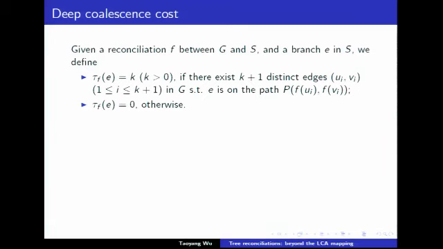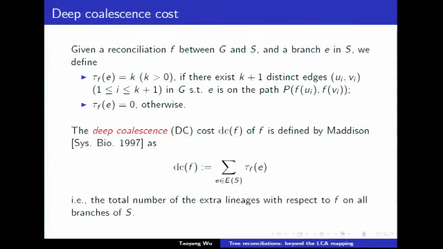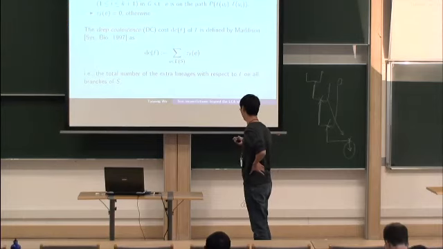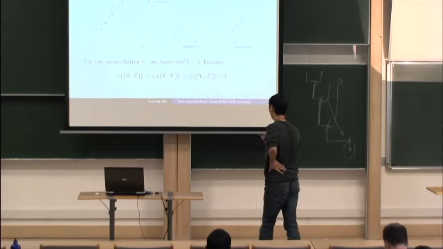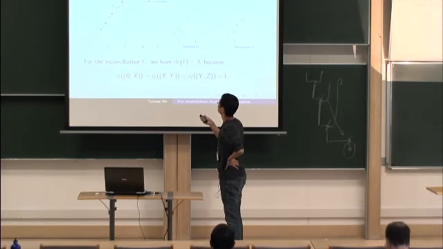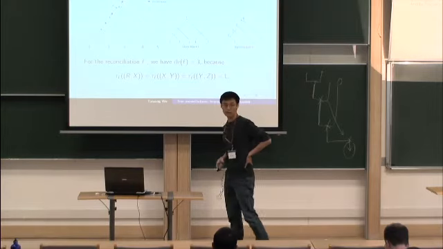That is, if there are k+1 distinct edges UiVi in the gene tree whose image contains E, then we say there are k extra lineages, and we set this to 0 otherwise. The deep coalescent cost is just the sum of all those extra lineages. Here's an example: there are 3 extra lineages, so the DC cost is 3.